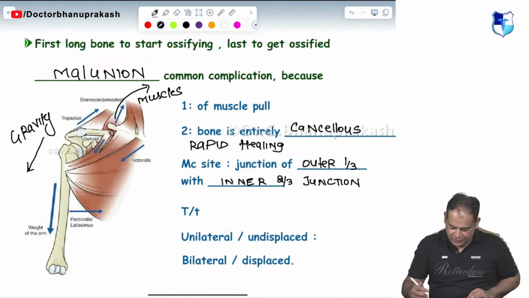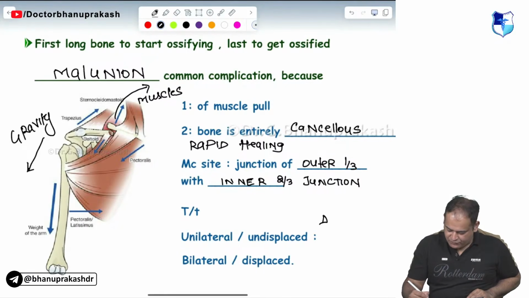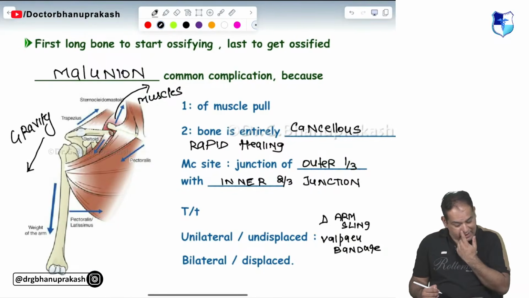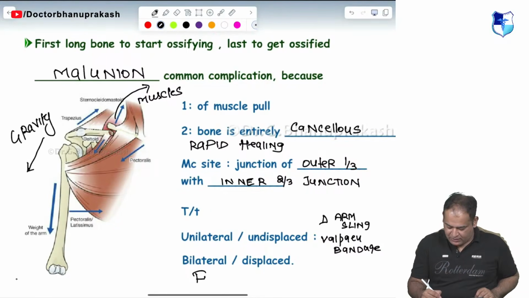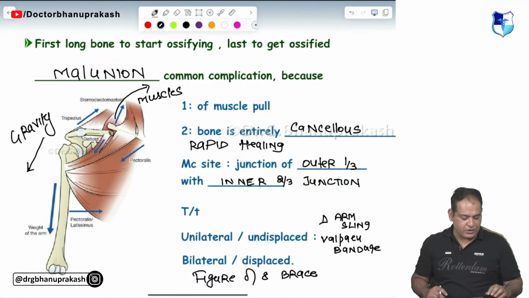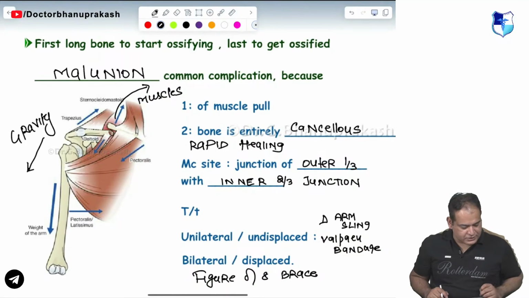Right? Treatment. If the fracture is undisplaced, we will use a triangular arm sling or Ediche bandage. If the fracture is bilateral or displaced, we will use a figure of 8 brace.